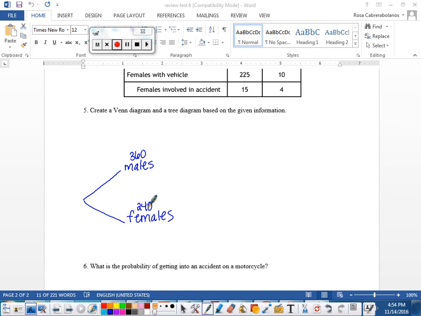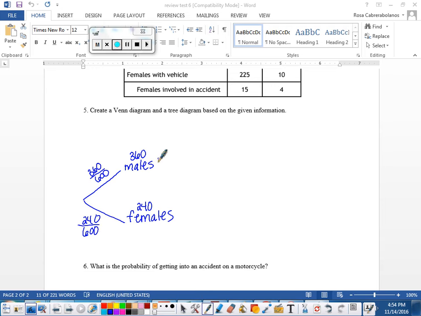I need to find the percentages, so to do this one here, I will do 360 divided by 600 total people. To find this one over here, I would do 240 divided by 600 people. Leave those as a decimal, okay? I'm not going to do it right now. Like I said, I don't have a calculator, so you can do that on your own.